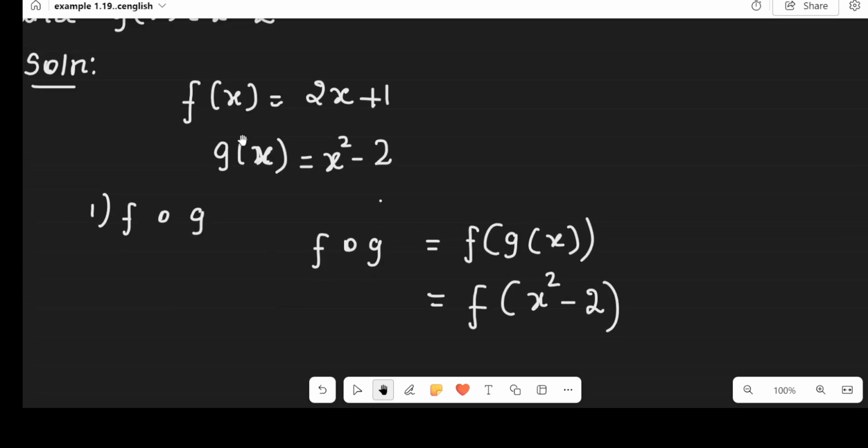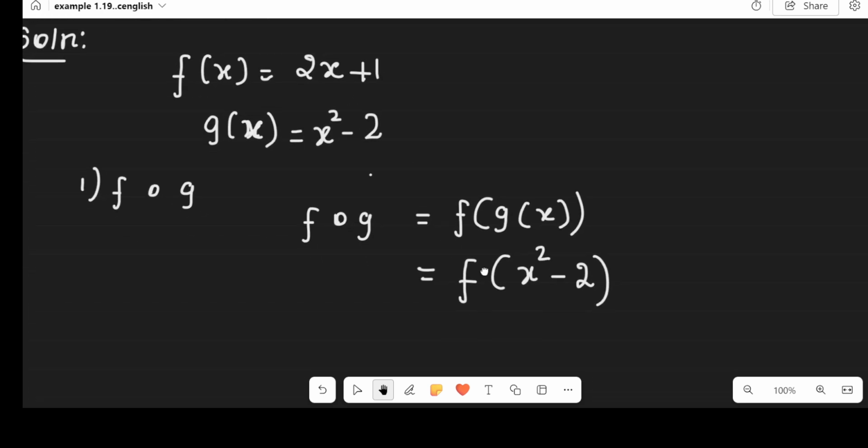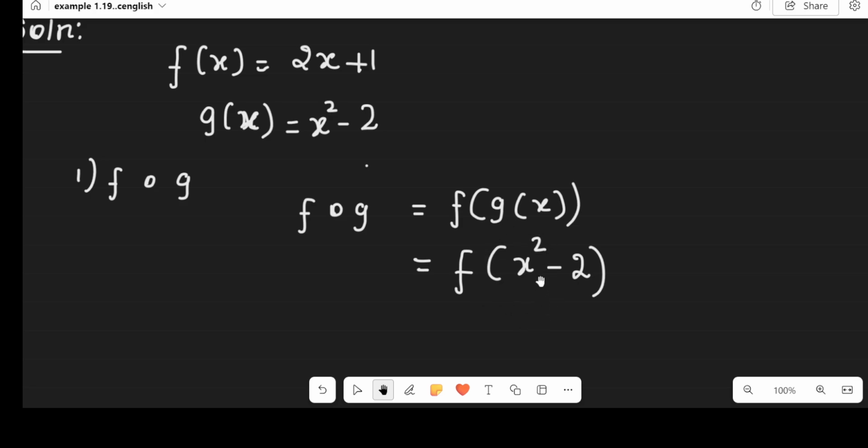What is the first function? F of x. That is the second rule. This is the result we have gotten from the previous step.